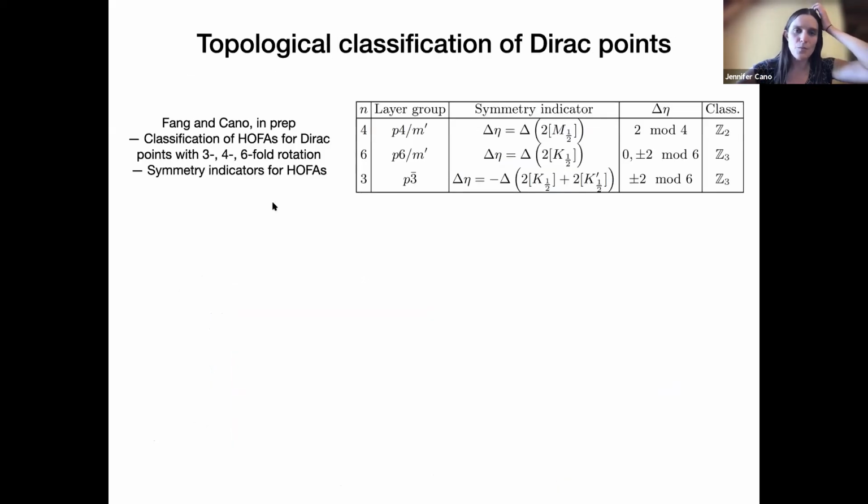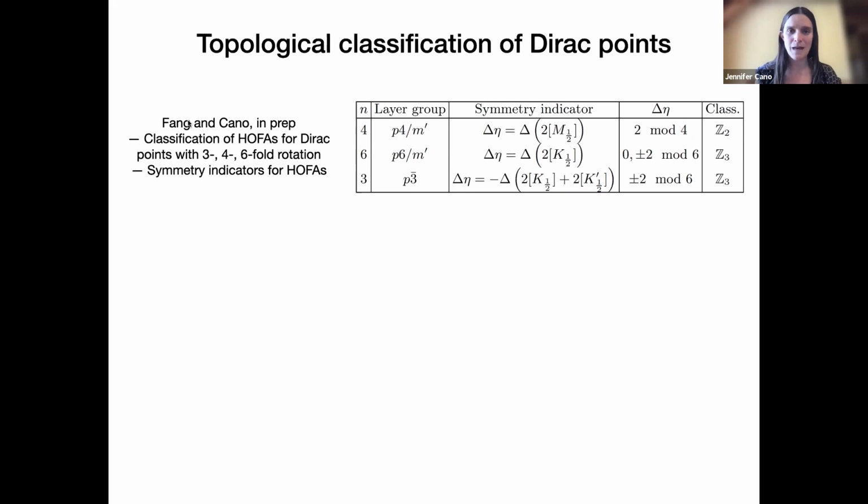So I want to make a few more comments on the topological classification of Dirac points. First, just to advertise my own work, although it's unpublished at the moment, working with my student Yuan Fong, what we showed is that the argument I just gave for the higher order Fermi arcs was only discussed in the context of fourfold rotation symmetry.